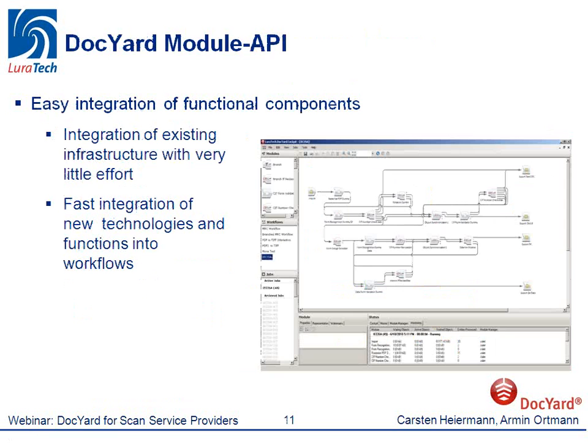The module API I mentioned before is the interface that allows you to integrate all your functional components as DocYard modules into DocYard and then use them in workflows. And this is a real-world example of a fairly complex workflow around invoice processing, where these invoices are categorized or classified, values are extracted, of course, and then checked against databases and whatnot.